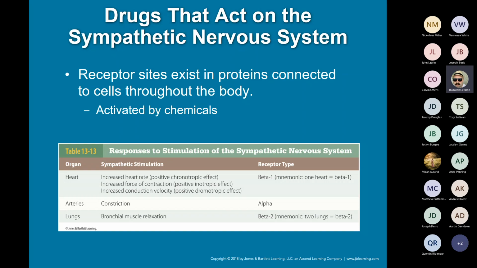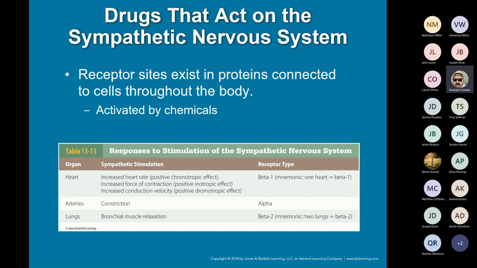If I have a medication that's a beta 1 agonist, it's going to increase my heart rate. I have 1 heart, beta 1. I have 2 lungs, beta 2. So albuterol is technically a beta 2 agonist because it opens up my lungs.